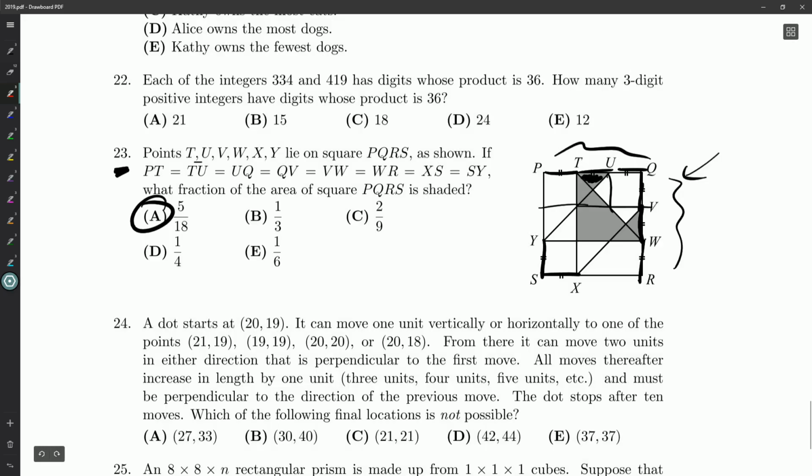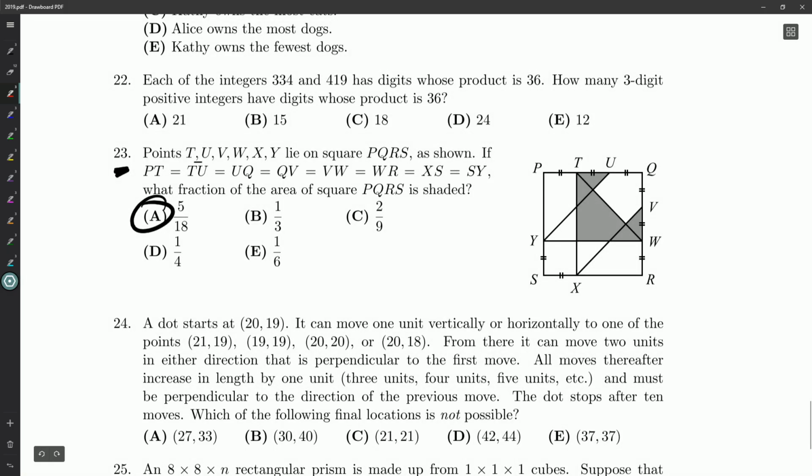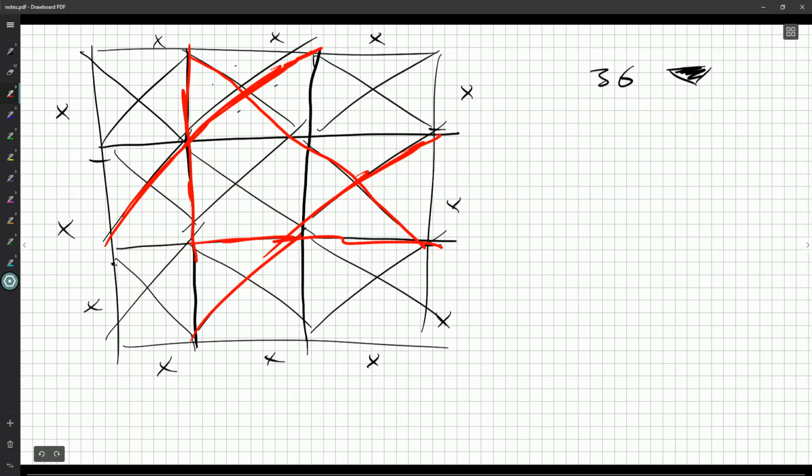I'm going to have to erase what I did over here just to make absolutely certain I'm copying their picture. So what else do we need? This line coming down here. And so I think that's it. Oh no, they went all the way. There we go. Now, what did they have shaded?